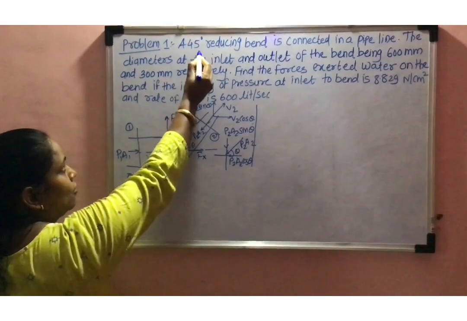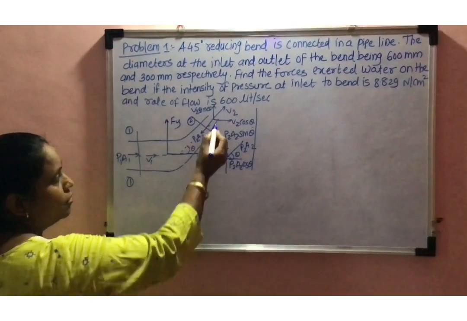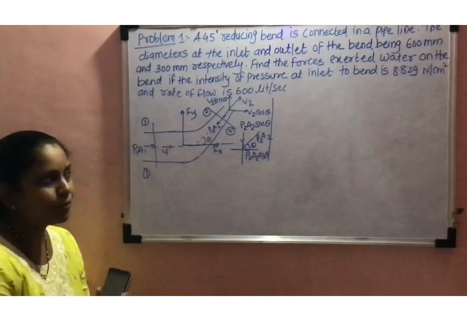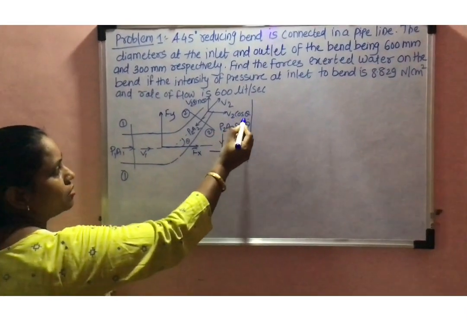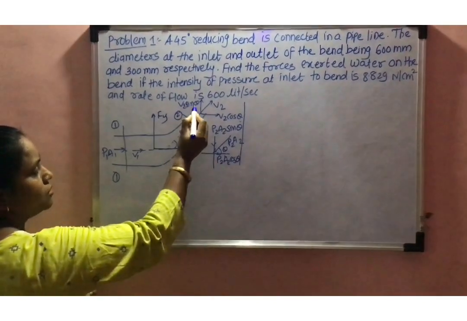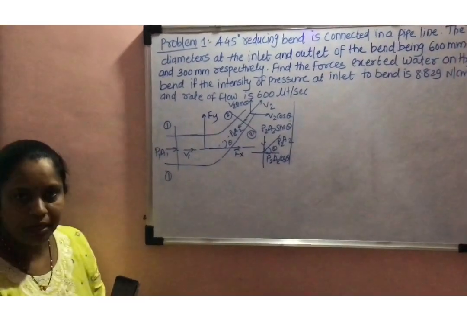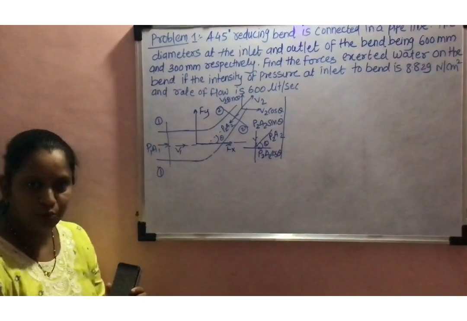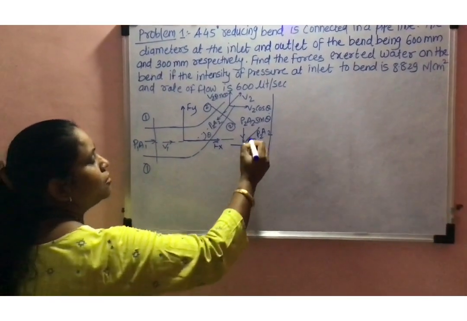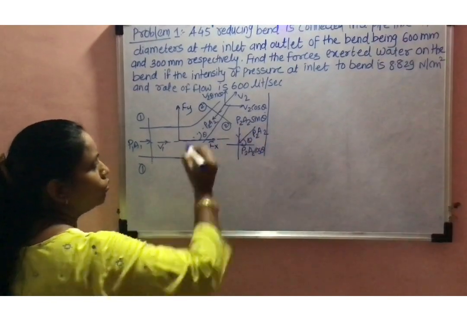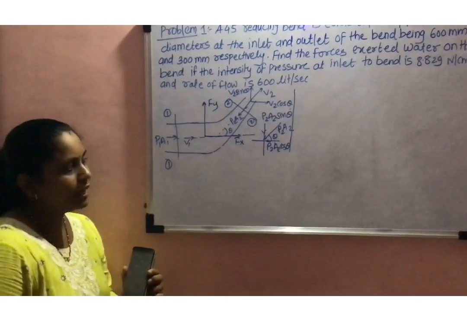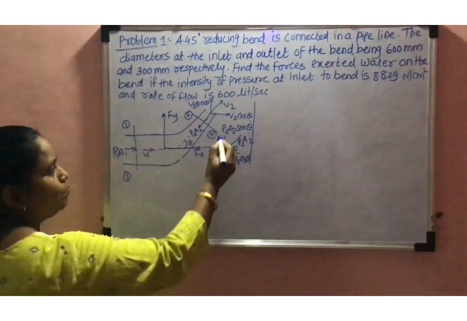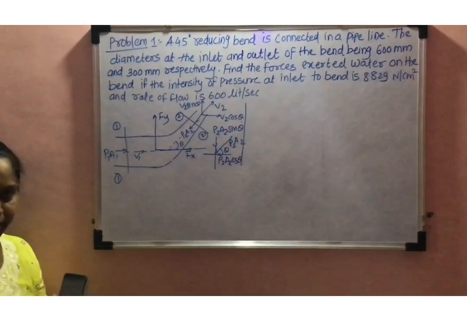As it is a 45-degree bend, this will be resolved into two components: one is V2 cos theta, then V2 sin theta. Similarly, the pressure force at outlet again resolves into two components, that is P2A2 cos theta and P2A2 sin theta.